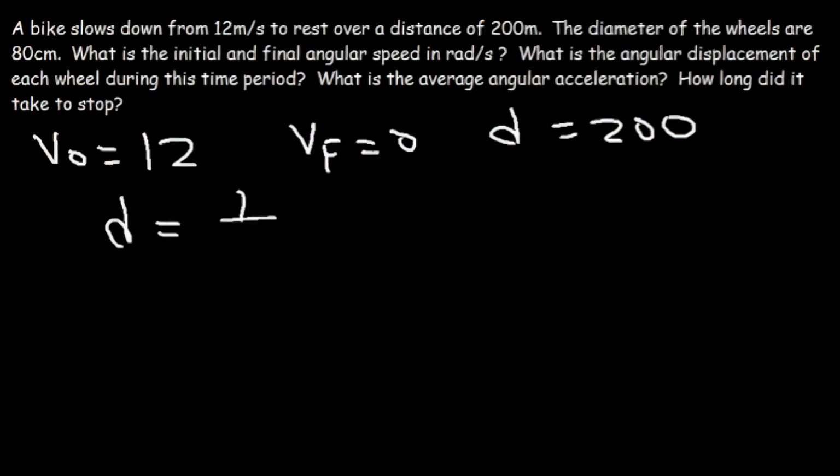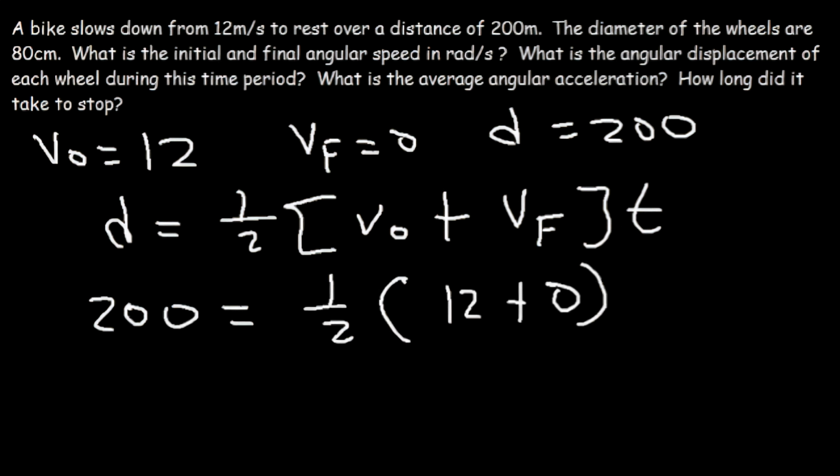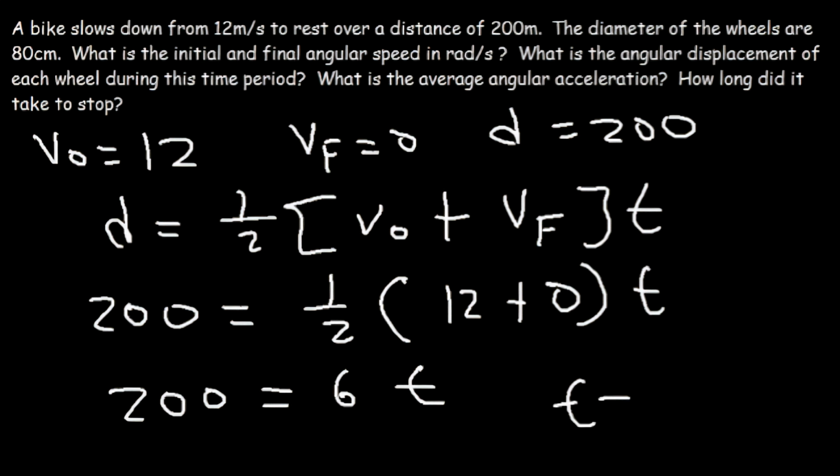D is equal to 1/2 times V initial plus V final, times t. So the displacement is 200. Initial speed is 12, final is 0. Let's solve for t. Half of 12 is 6. And so it's going to be 200 divided by 6, which will give us the same answer of 33.3 seconds.